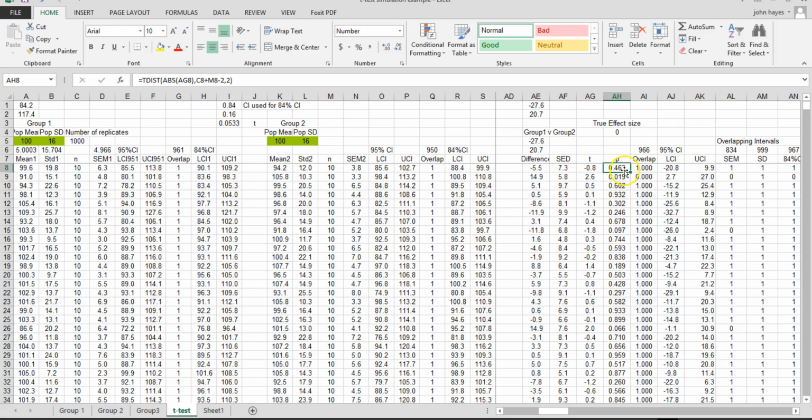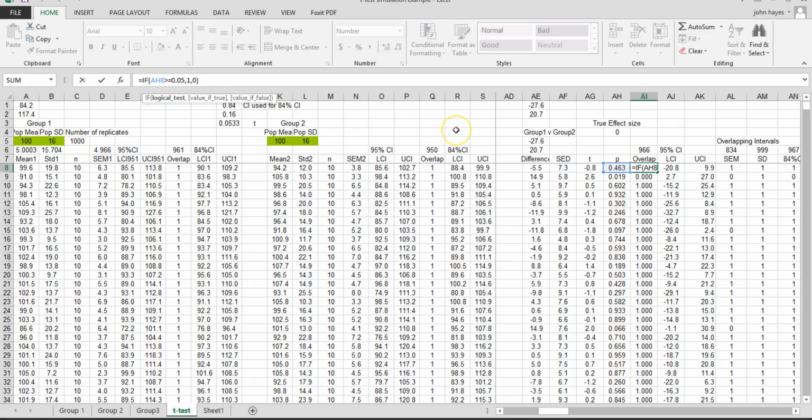Now, we've done this 1,000 times, and I have looked to see how many times this p-value exceeds 0.05. In other words, how often is it not significant?